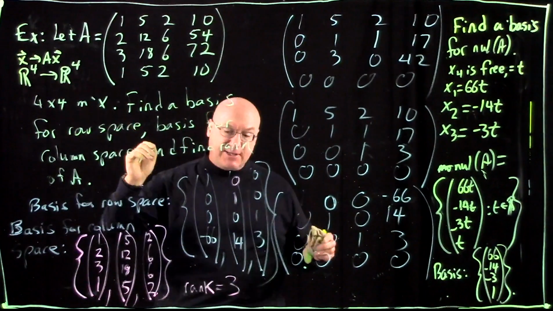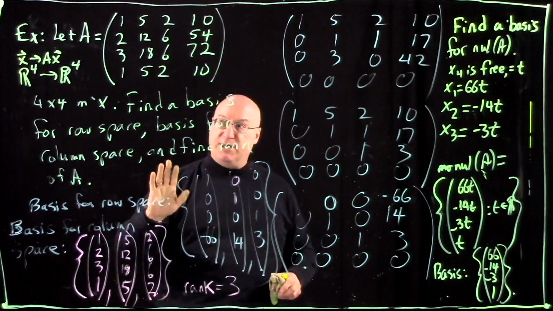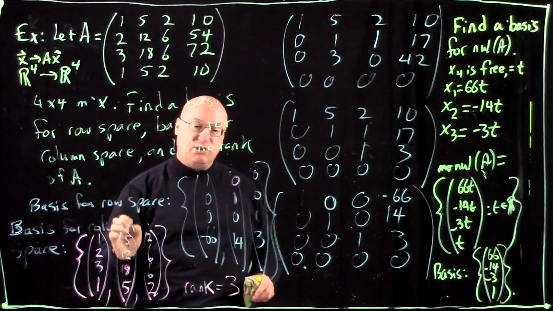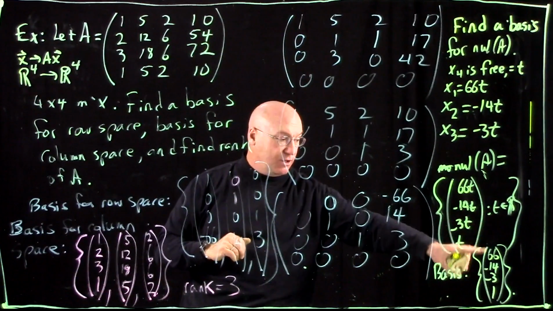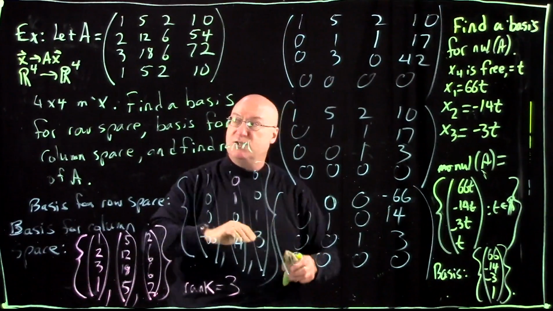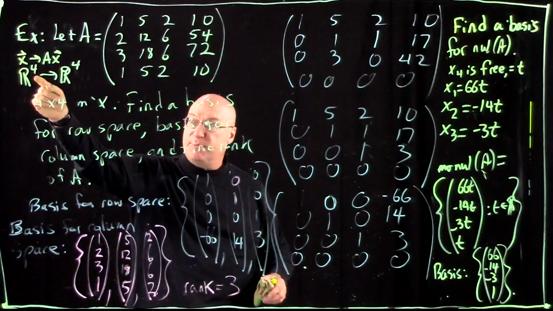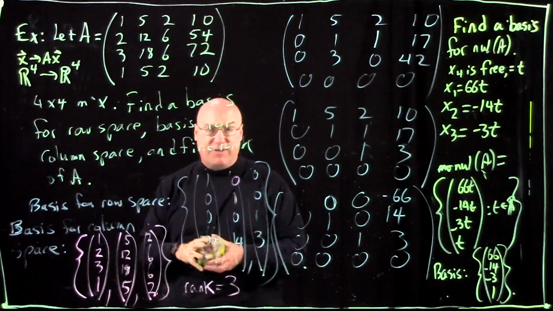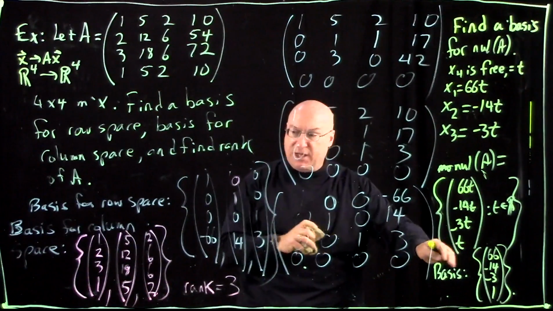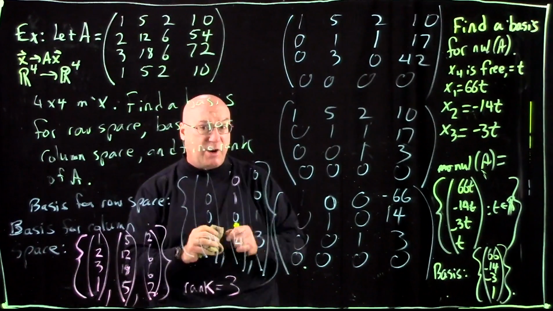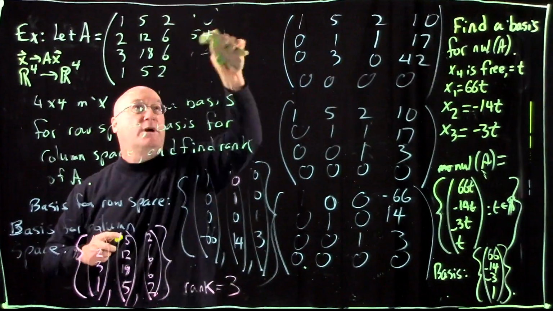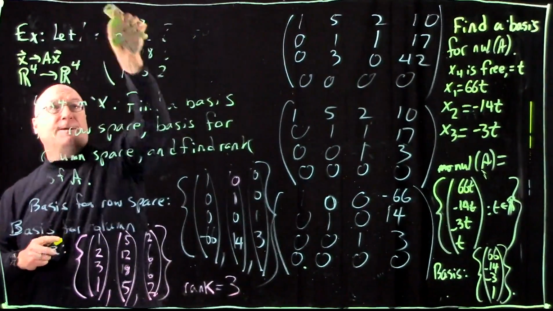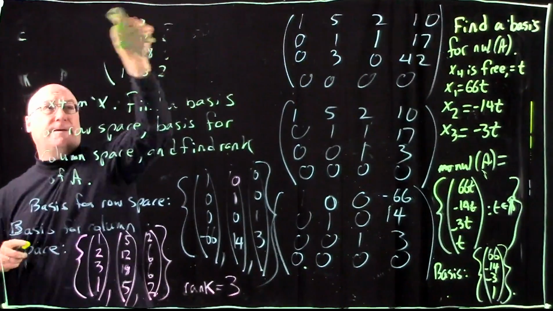So it kind of makes sense, I think, that if I look at the dimension of the range, which is the same as the dimension of the row space, and the dimension of the null space, and I add those dimensions together, I should get the dimension of my starting space. It accounts for what happens to all the vectors. Some of them get squished away to nothing, and the rest actually contribute to the range. That's what I'm trying to say. Let me look at a little bit more explicit example.